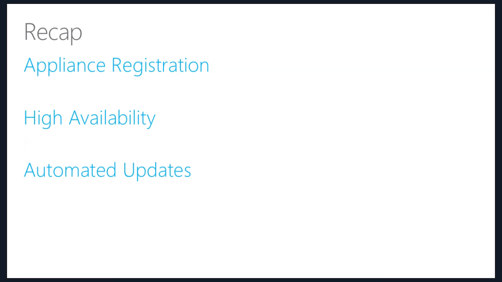So, a quick recap, right? What's new in 141? We have the appliance registration. We have high availability, allowing us to deploy up to 4 cloud connector appliances within a given PSTN site. And we have the automatic update process, which will allow us to automatically update the operating systems as well as the versions of Cloud Connector.